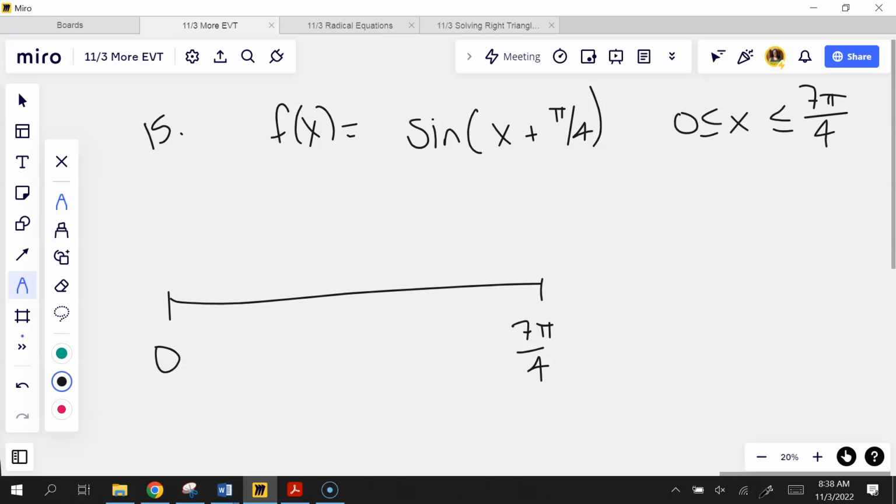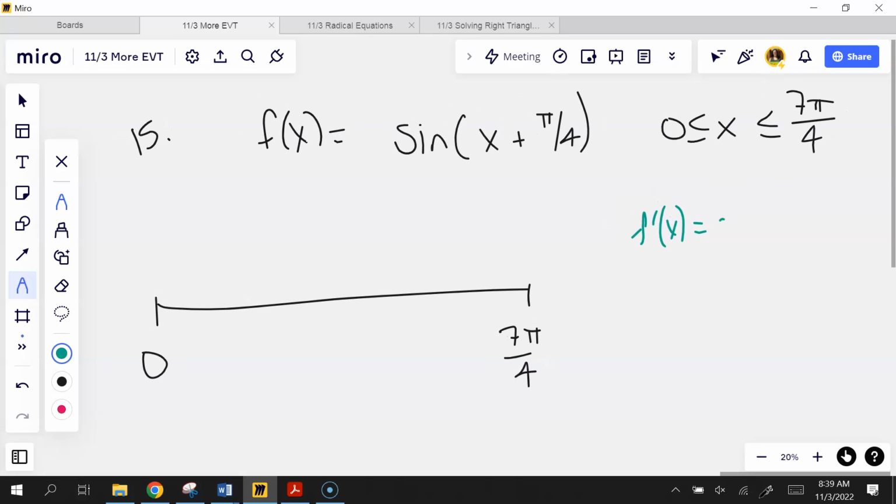All right. Derivative. Do the trig first, followed by the chain. That's it. Right? So where is this 0? So you really got to kind of think about this.